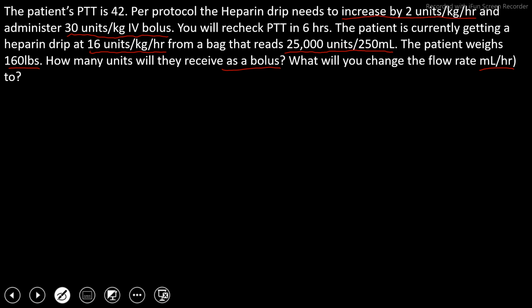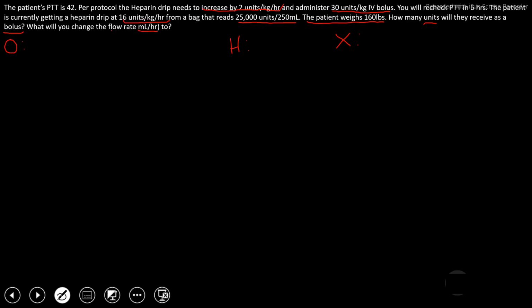Alright, so we're going to need a lot of room for this, so I'm going to shrink this text up here and we'll get into it. Okay, so I have my O, my order, my H, what I have, and X kind of up top there, so we can squeeze as much room as we can out of the screen. So we'll start with our orders.